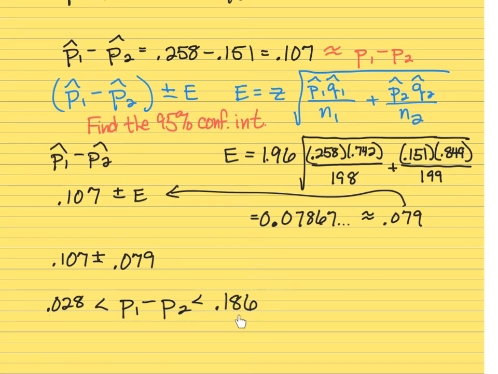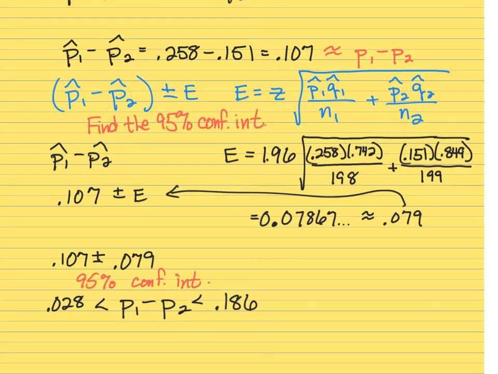That is the confidence interval, so we would want to make sure we include that. So this is the 95% confidence interval estimate for the difference between the two proportions. So we think program 1 is better than program 2 somewhere between 3 to 18 percentage points.